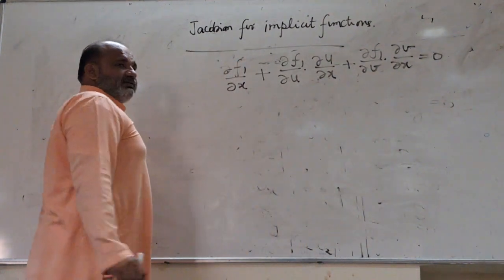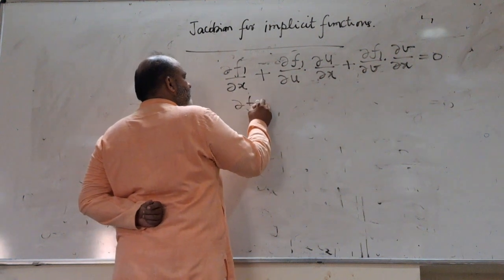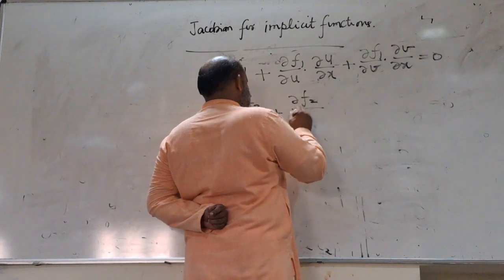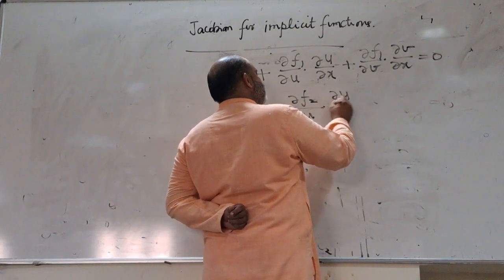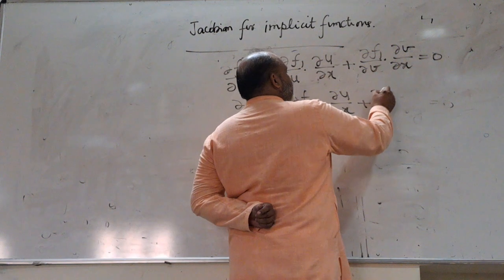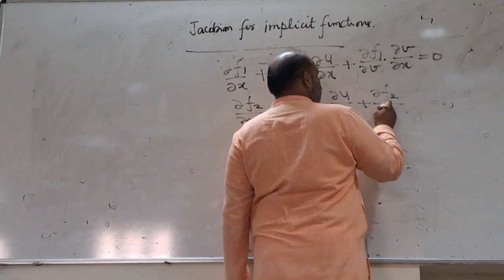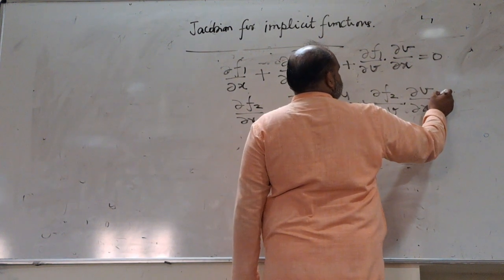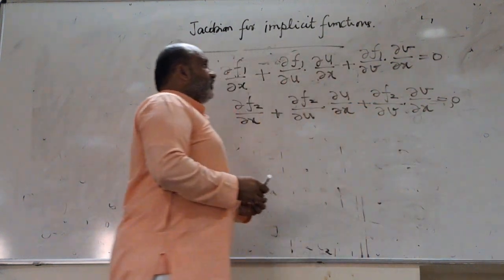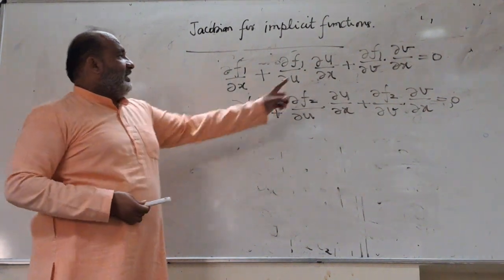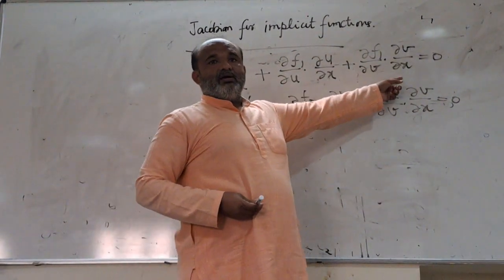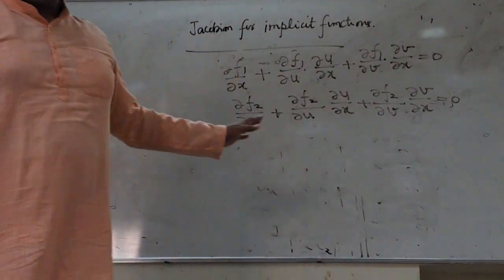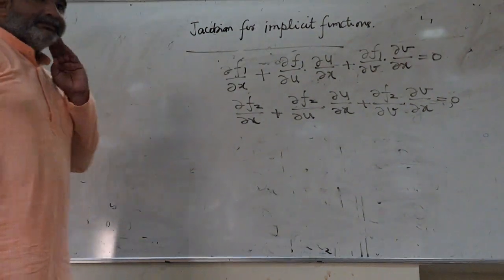And the third equation is del f2 over del x plus del f2 over del u into del u over del x plus del f2 over del v into del v over del x is equal to 0. Now I will treat del u over del x and del v over del x as unknowns for these two equations, right?